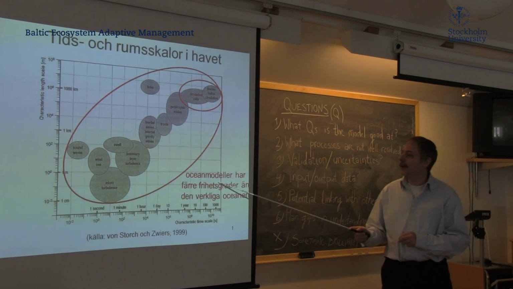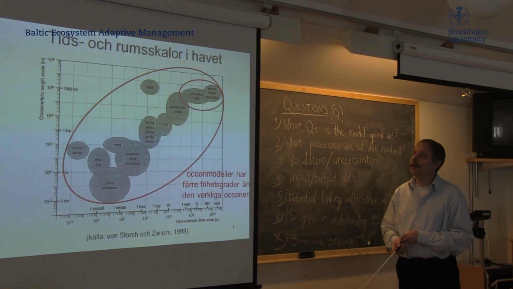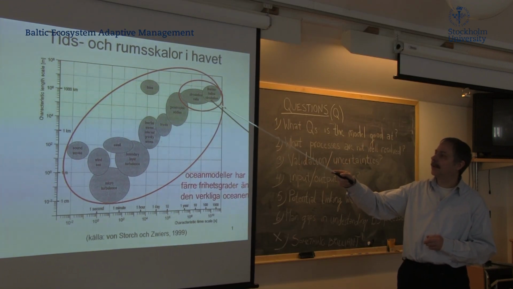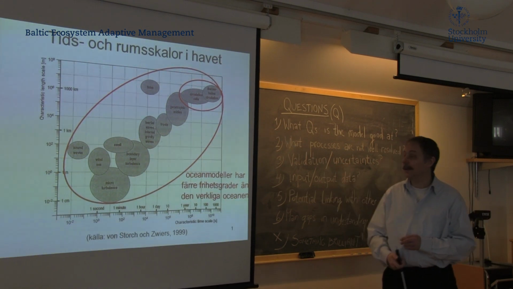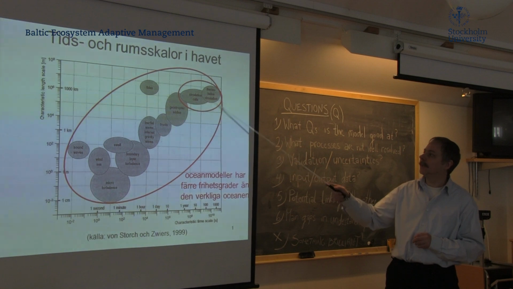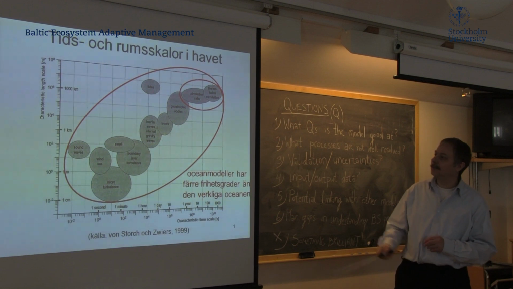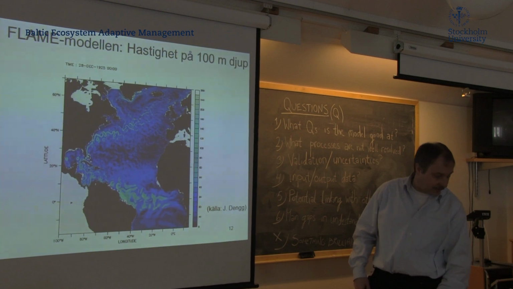So typical ocean models have fewer degrees of freedom than the real ocean, and usually just this upper part is described. So only the circulation and maybe the thermohaline circulation, although this is also very much described by small scale processes like diffusion and turbulence. But this is something that is included, and high resolution three-dimensional models include even eddies, but not all the other stuff. And that means we need to somehow parameterize these processes.